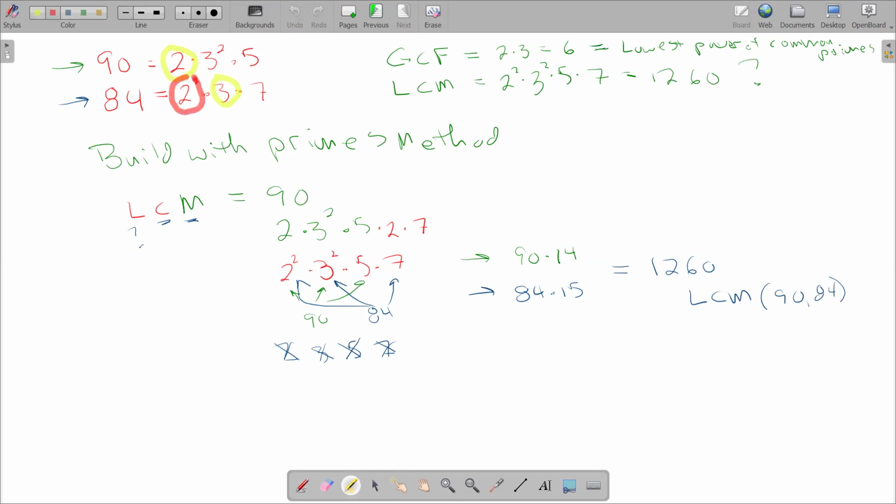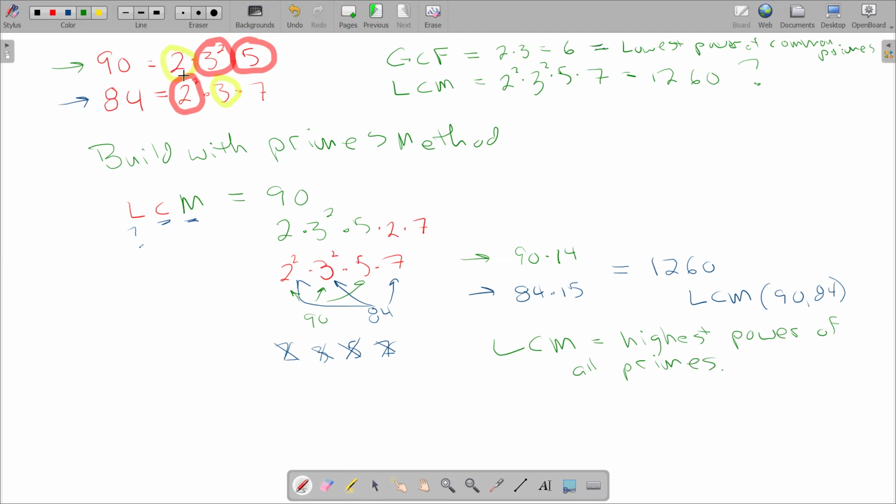The 2 squared was left behind, the 3 squared was left behind, and the 5 was left behind. And if you think about it, using a similar explanation, the LCM is going to be the highest powers of all of the primes. Not the common primes, but all of the primes there, right?